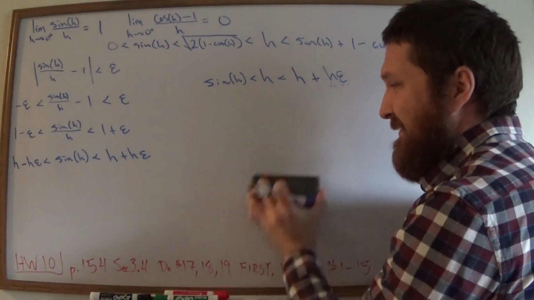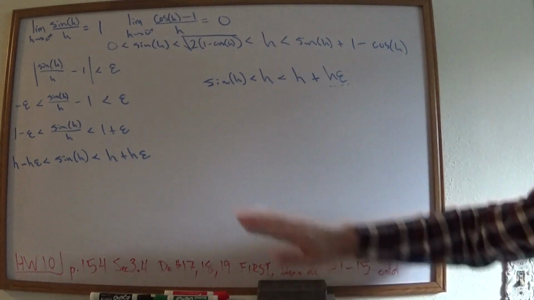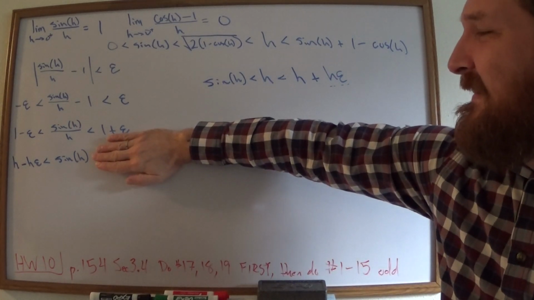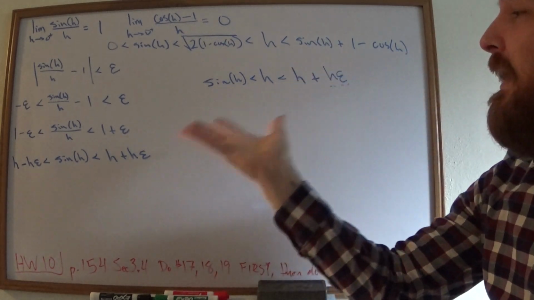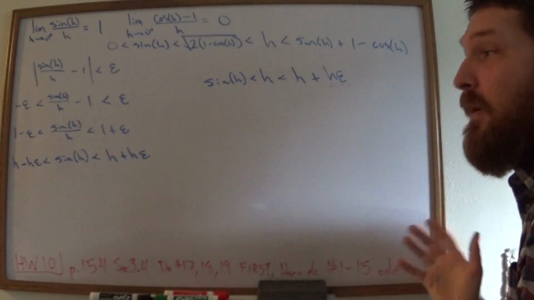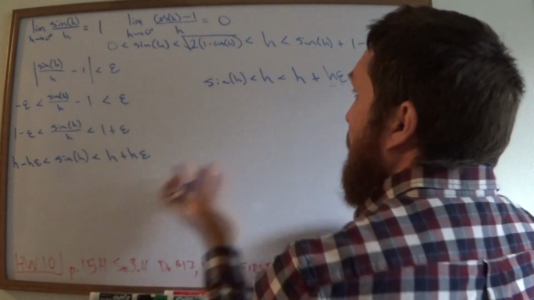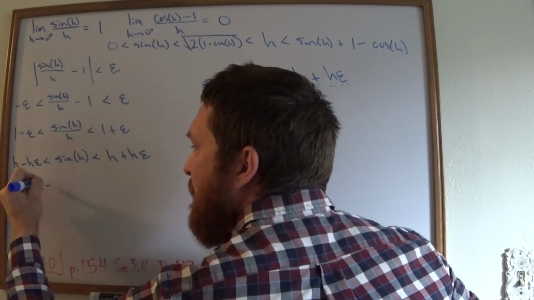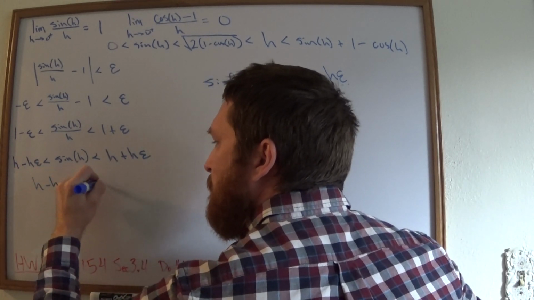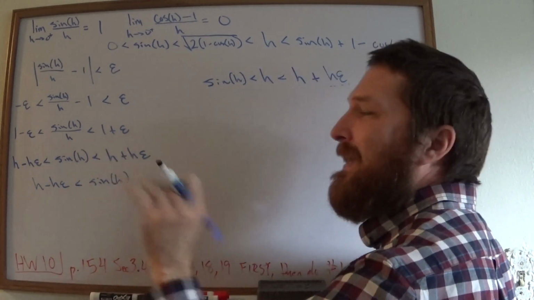Half done. Here's the hard part. Well, what about that guy? Yikes. Well, I don't really know. I just play around with it. Okay, so what we're trying to show is that this is true if I make h small enough.